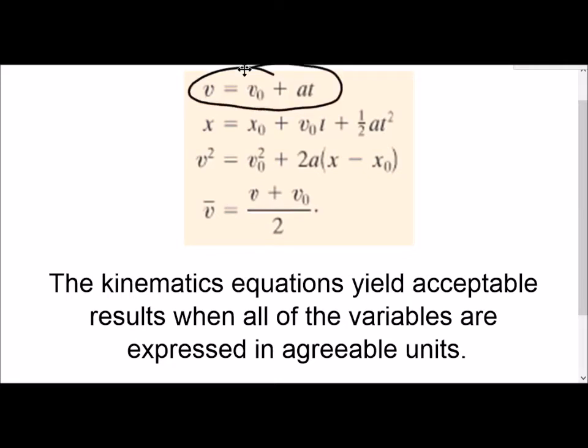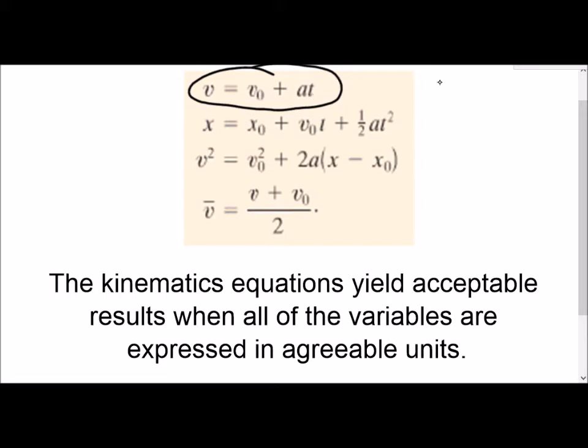This first kinematics equation relates the final velocity to the initial velocity of an object, the acceleration that it has, and the time that it's accelerating for. I could solve for the final velocity of the object if I knew the initial velocity, the rate of acceleration, and the time.